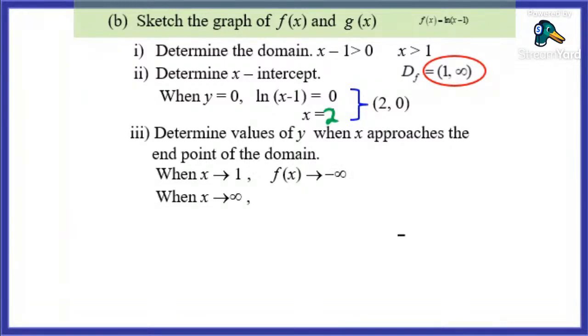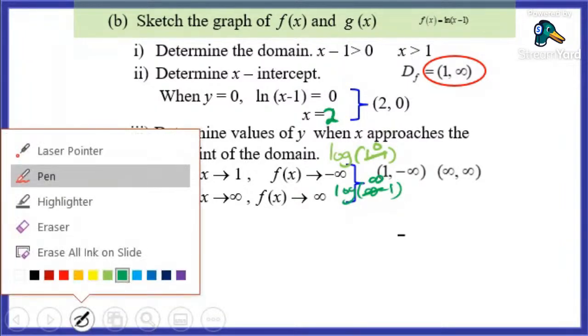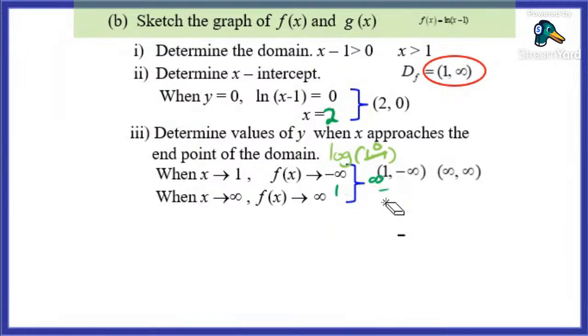When x approaches infinity, y approaches log of (infinity minus 1), and log infinity equals infinity. So we have the points: 1 to negative infinity, and infinity to infinity.